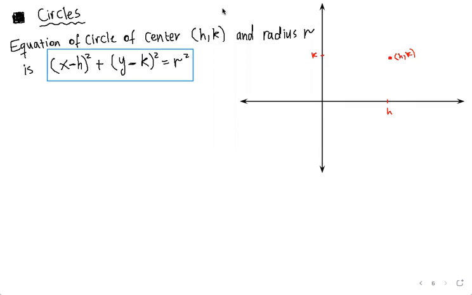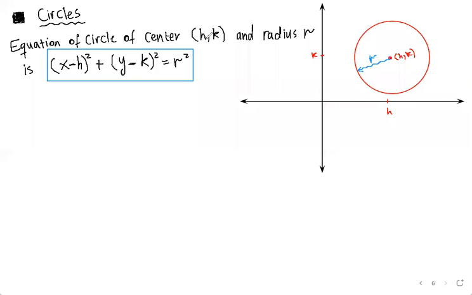So the graph of this circle looks like this, such that it has a radius r. So this is the radius r, and this is the center (h, k).